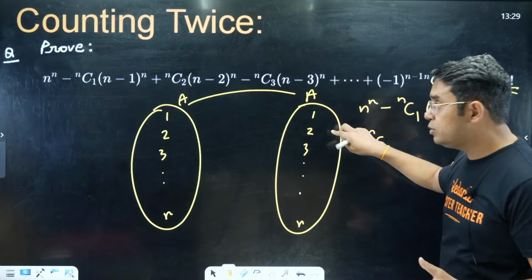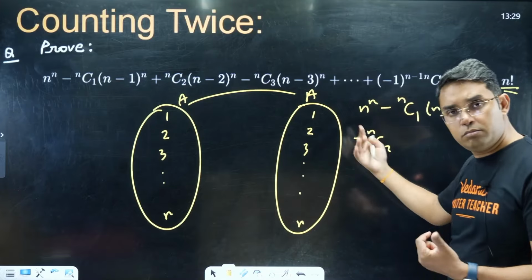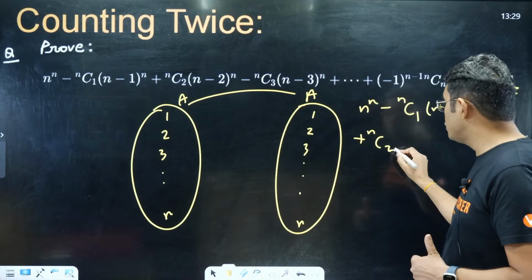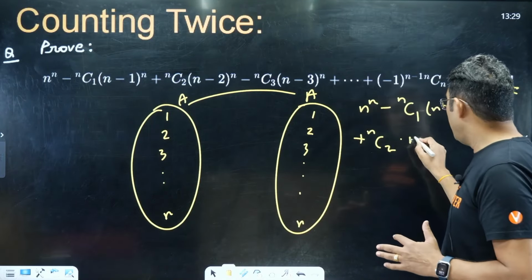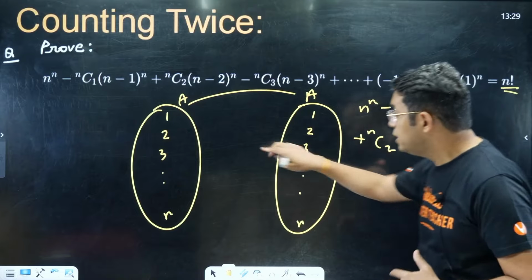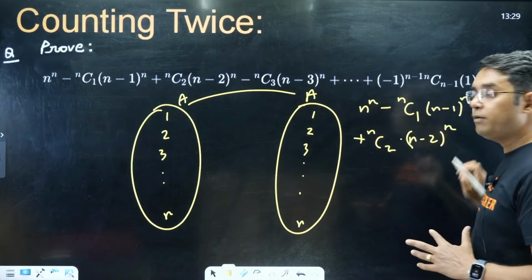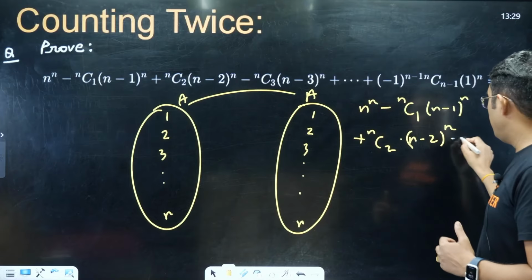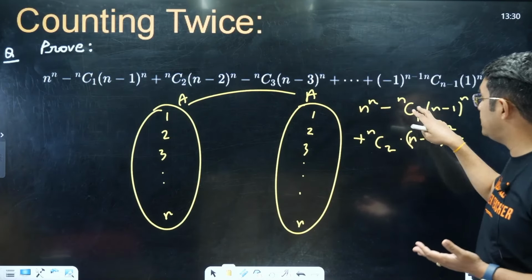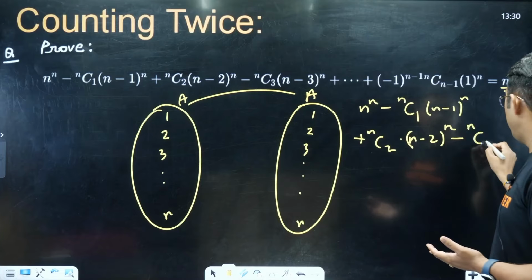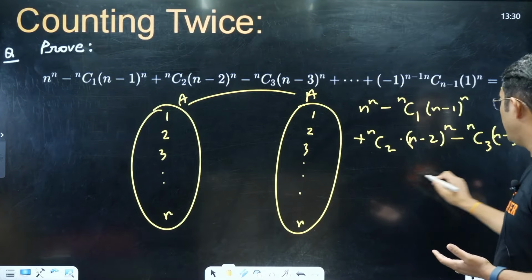So nC2, 2 elements, which 2 may be 1 with 3 or 2 with 7 or whatever. nC2 is to choose 2 elements which will not be selected, and then n minus 2 ways to connect every element of A here, raised to the power n. And once again here you need to subtract, because in the inclusion exclusion principle we have plus minus, so this will be nC3, and here it will be n minus 3 power n, and so on.